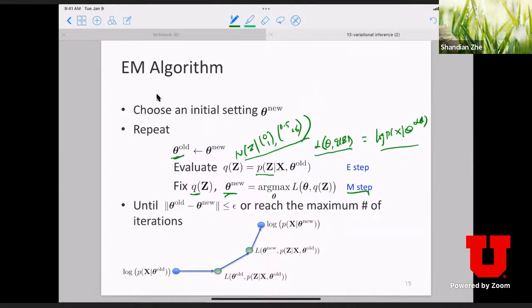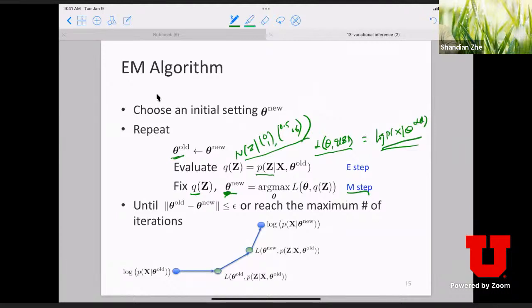Through our previous analysis, we know that the model evidence at theta new will be bigger than or equal to the model evidence at theta old. Then we finish one update and proceed to the next iteration.